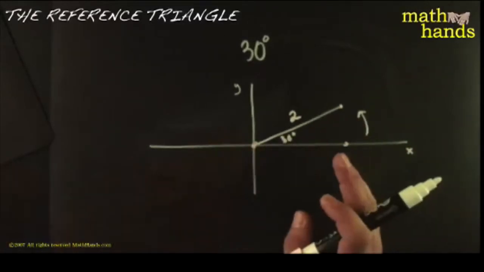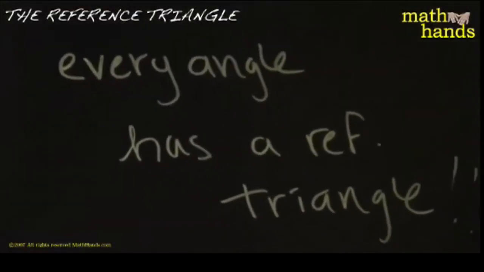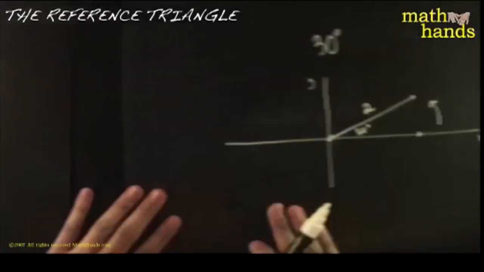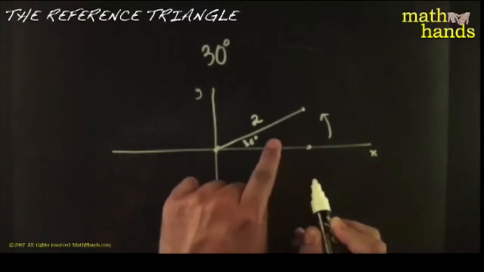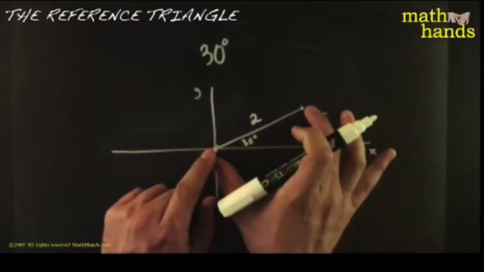To make a triangle, keep in mind, what's the name of the game today? Every angle has a reference triangle. So I'm trying to draw the reference triangle for 30 degrees. You start on the positive x-axis, you go counterclockwise for positive angles, and you pick a segment of any length.